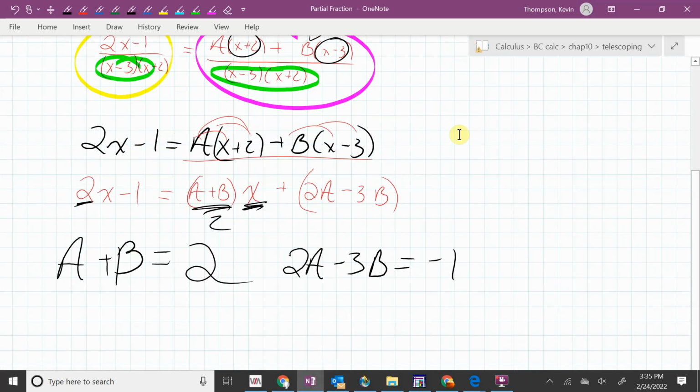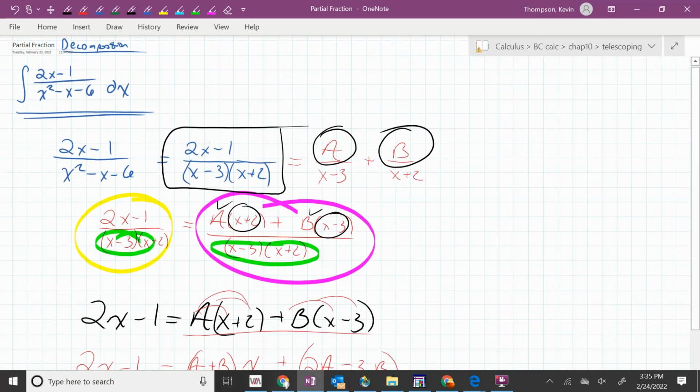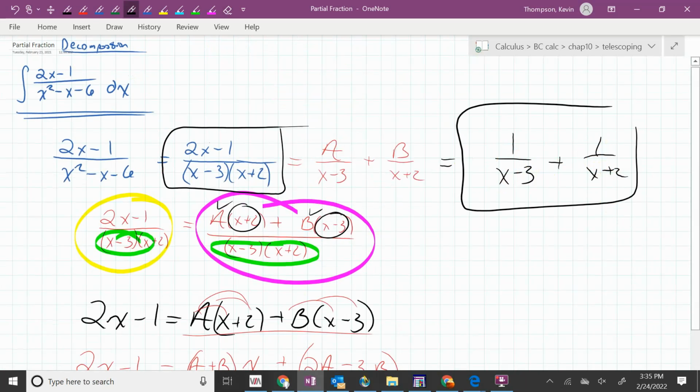How we doing? We find A and B. What are they both? They're both 1. Now, that means that this original problem could have started right there, right? Like 1 over x minus 3 plus 1 over x plus 2.